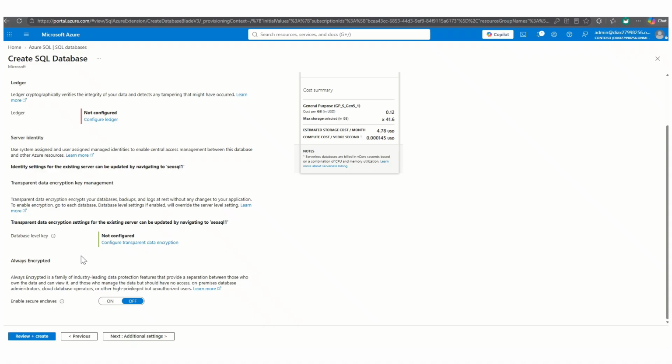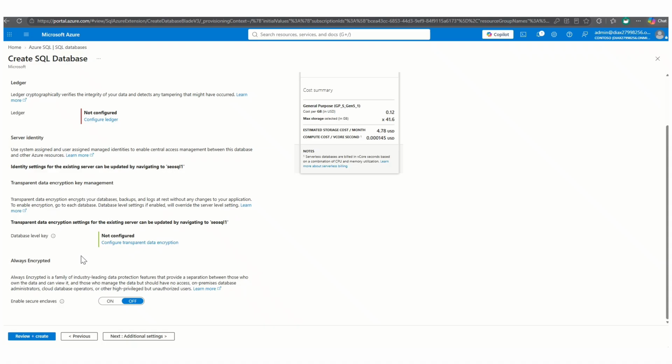Always Encrypted is a family of industry leading data protection features that provide a separation between those who own the data and can view it and those who manage the data but should have no access: on-premises database administrators, cloud database operators, or other high privilege but authorized users.